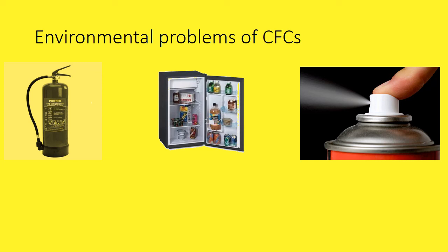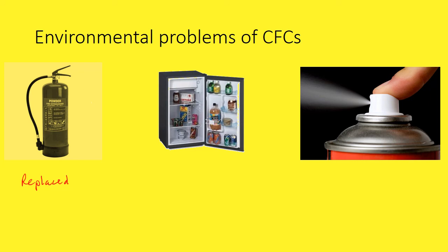And so CFCs would be evolved from these 3 products, eventually find their way into the upper atmosphere and create havoc with the ozone layer. And so they've been replaced largely, by a temporary solution so far.